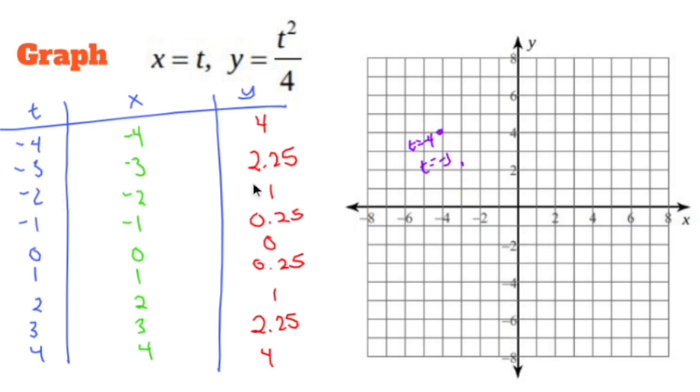Another point was -2, 1, right here, and that happened when t was -2. Another point was -1, 1/4, right there.